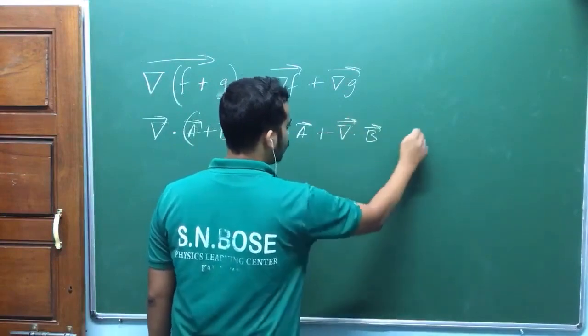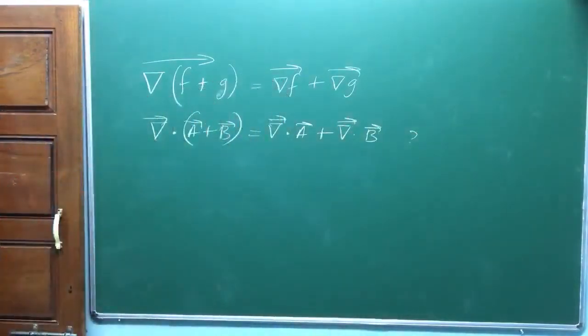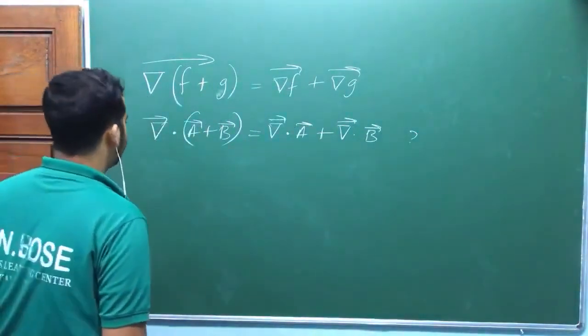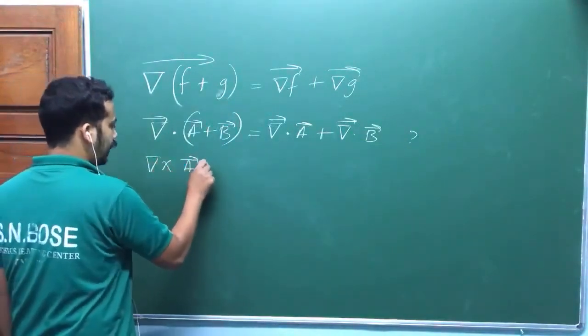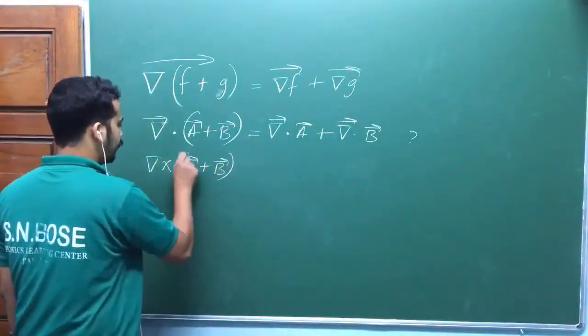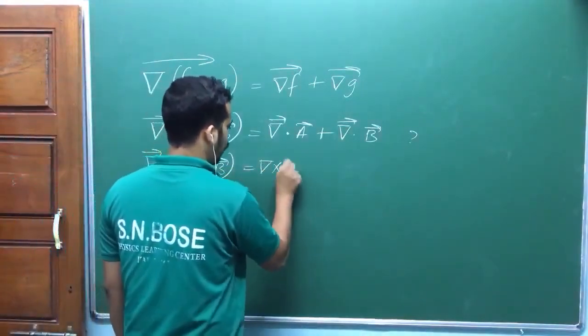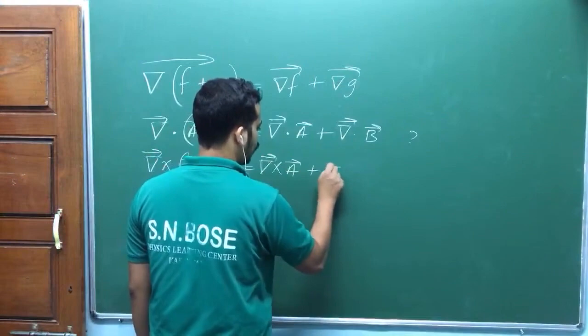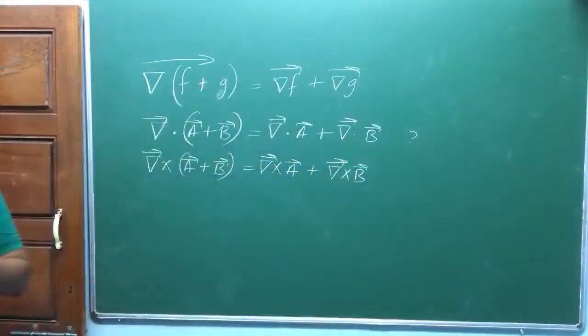So check this out. Yes, we can write like this. So similarly, curl of the addition of two vector fields is equal to curl of a plus curl of b.